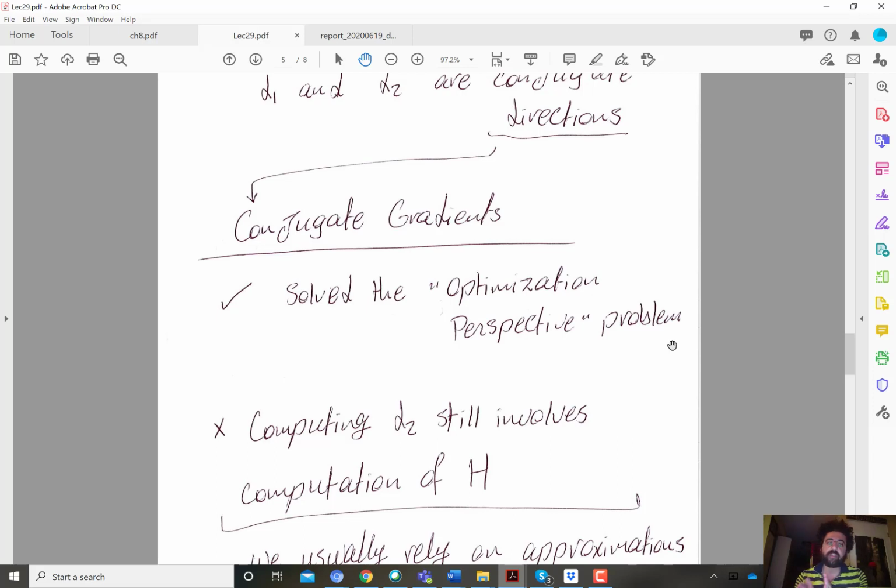Now what conjugate gradients does is that instead of jumping to the critical point in a large parameter space, it splits it into parameter spaces that are single dimensional, right? Because every line search is a search in a one-dimensional parameter space. Then I can fine-tune that line search algorithm.